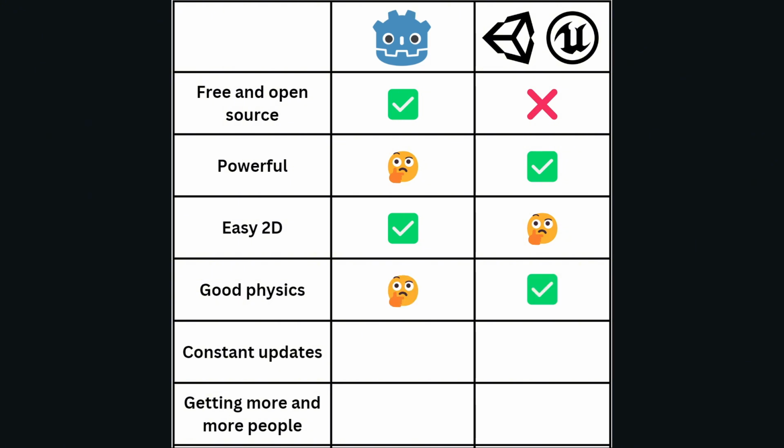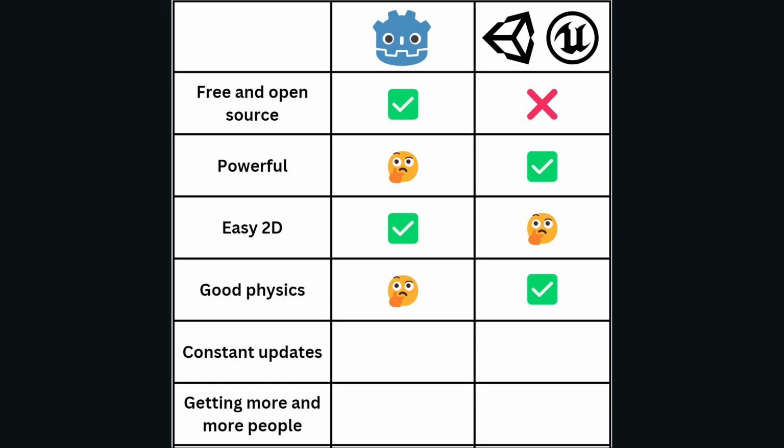Now in terms of the physics engine, even though in the latest updates Godot is, for example, implementing physics interpolation, which is meant to make physics a little bit smoother, more performant, etc., in spite of that, it isn't as polished as the physics you may have in Unity or Unreal, because it does lack some performance, and sometimes when you want to create some kind of behavior, it may just not behave as it should, or you don't achieve the desired results as fast as you would in Unity.